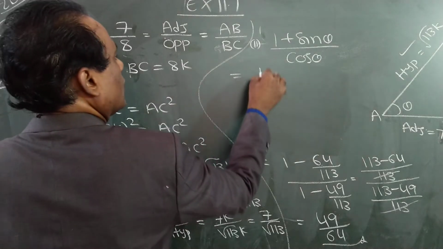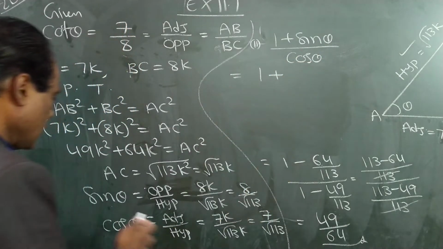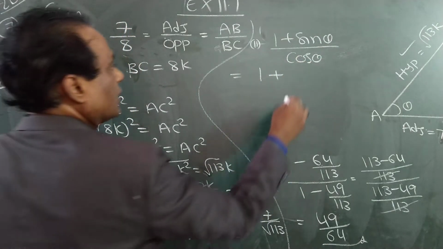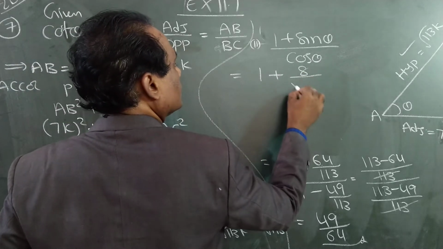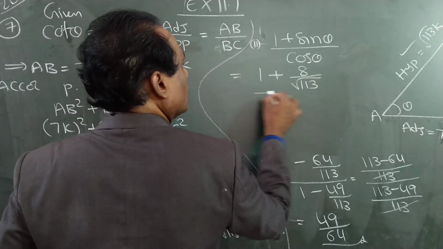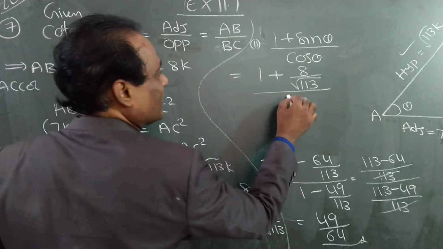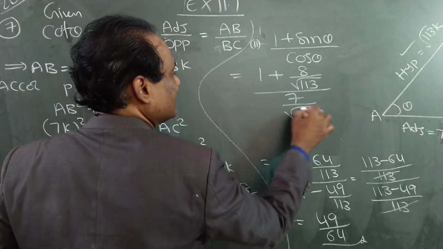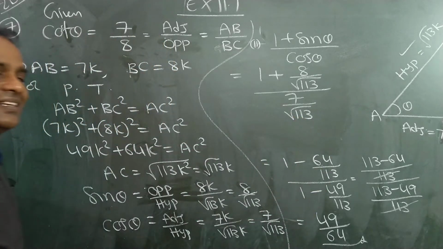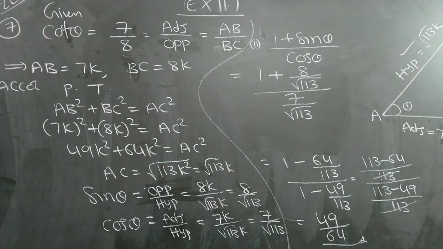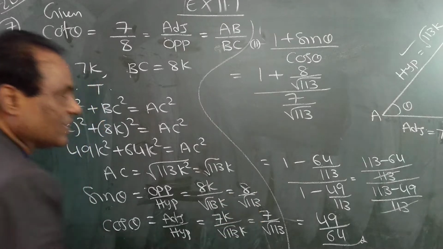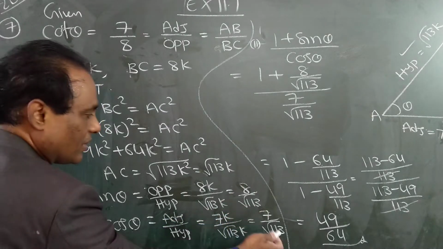1 is 1 only. Sin theta is 8 by root 113, by cos theta is 7 by root 113. 1 plus sin theta value 8 by root 113, cos theta value 7 by root 113.